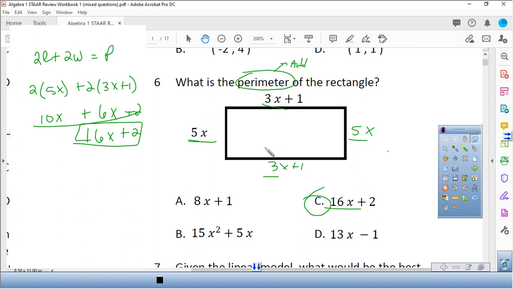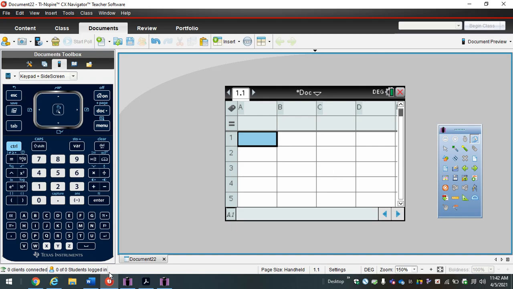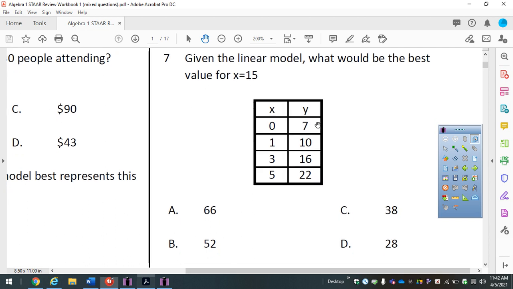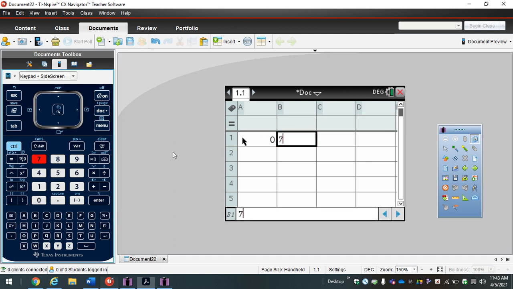Right? So let me look at the points right here. Let me look at the table. 0, 1, 0, 7, 110. So I'll type in here 0, 7, 1, 10.